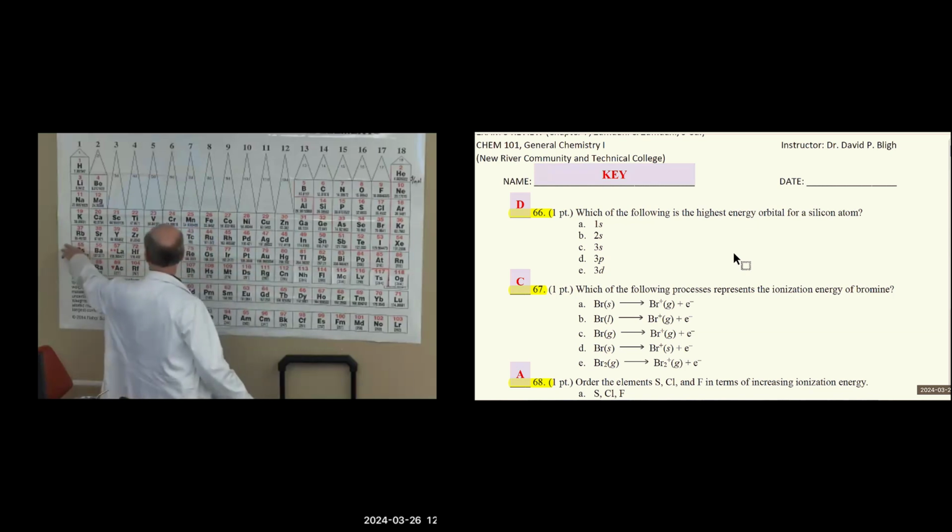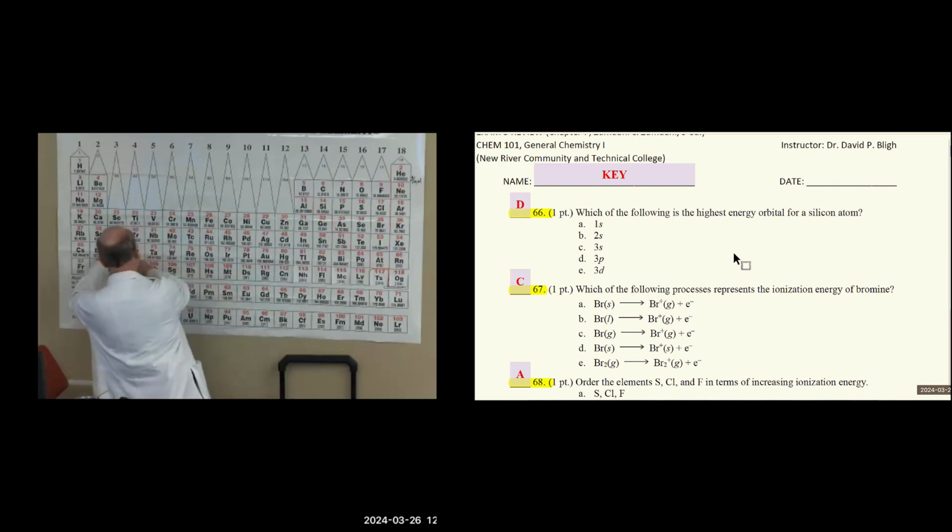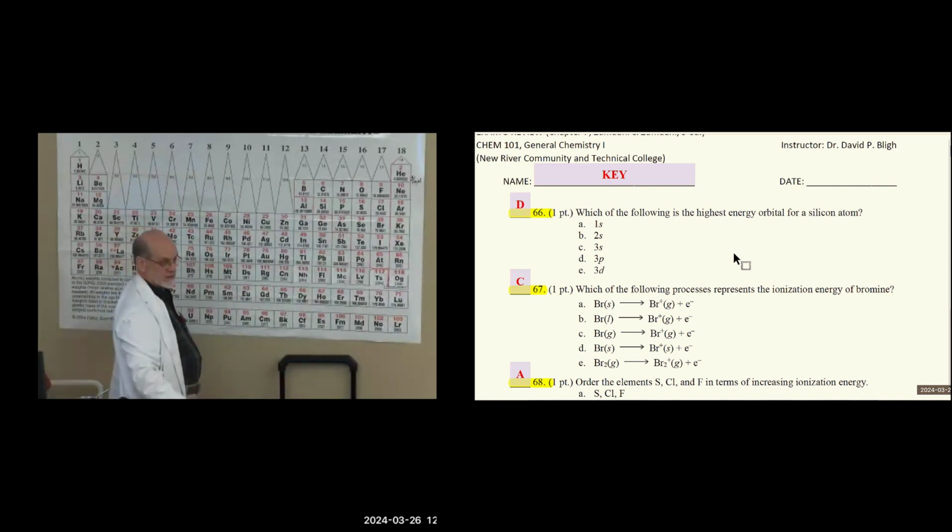Because this is the 6th period. So it'd be 6s1, 2, and 5d. Well, actually, once you get to this place, you gotta go down here and finish those out and then come back up here. So this is gonna have some 4f's in it. Gonna have 4f10.